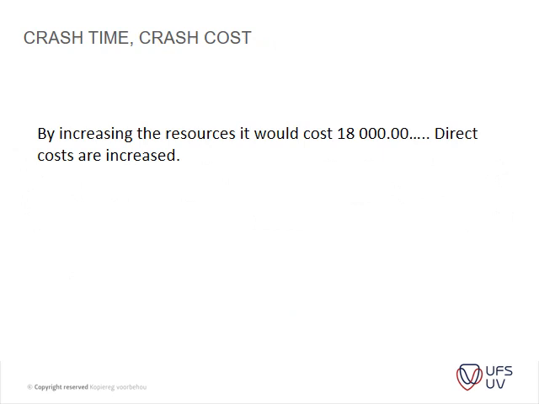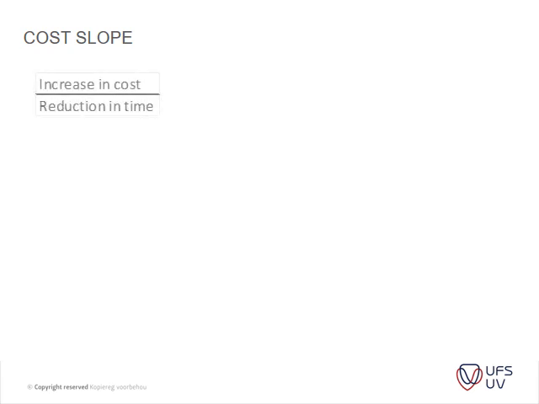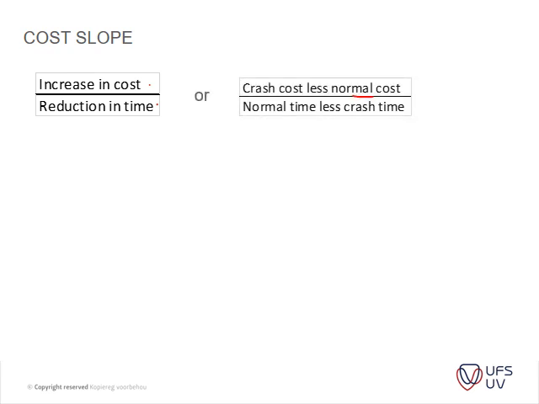Crash time is by increasing the resources, and it would cost £18,000. Direct costs are increased thus. So your cost slope is basically your increase in cost over your reduction in time, or your crash cost less your normal cost over your normal time less your crash time, which gives you 18,000 minus 10,000 over 12 minus 8.